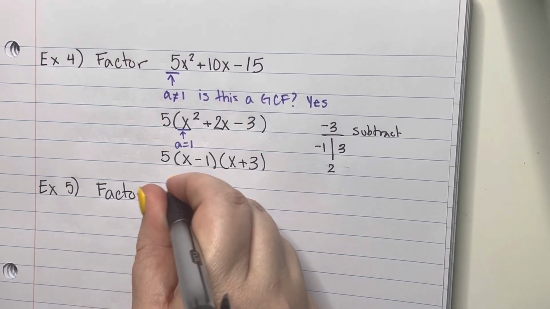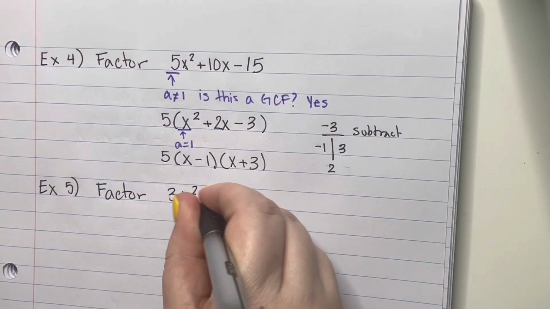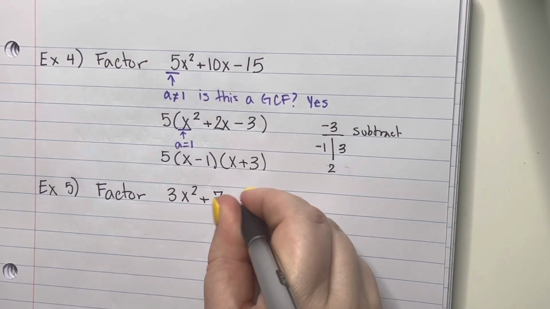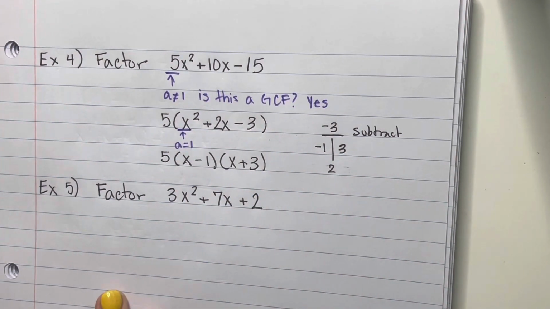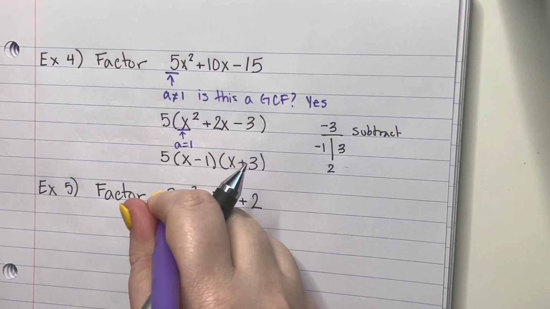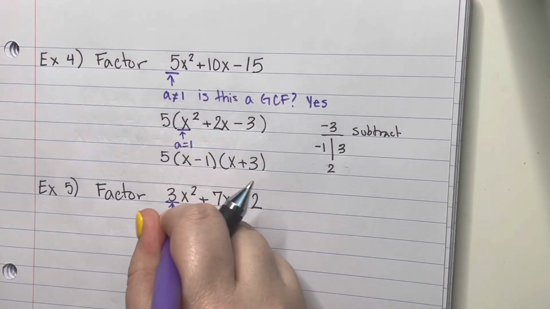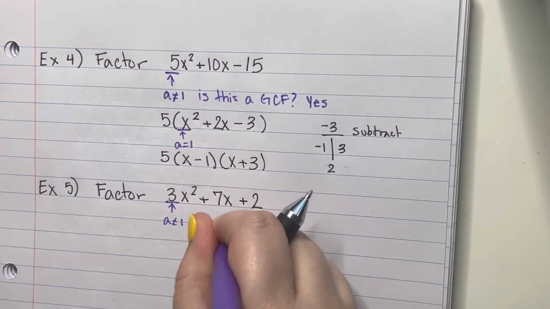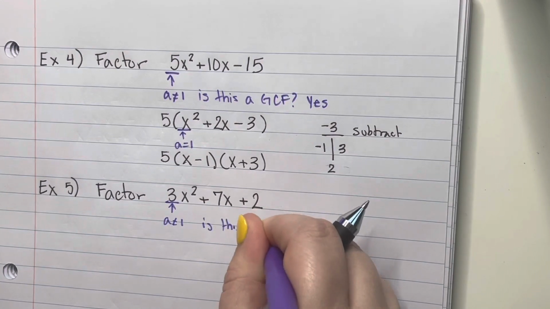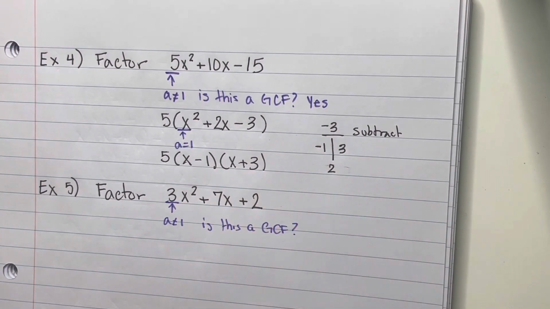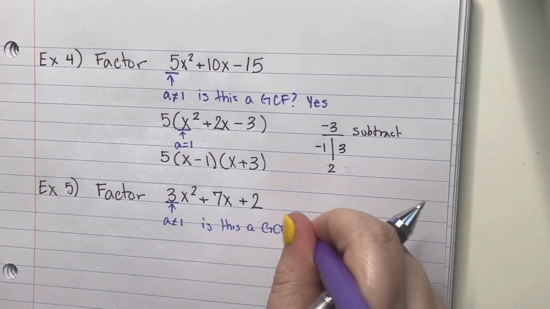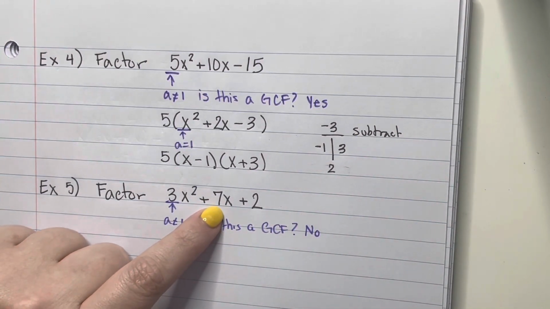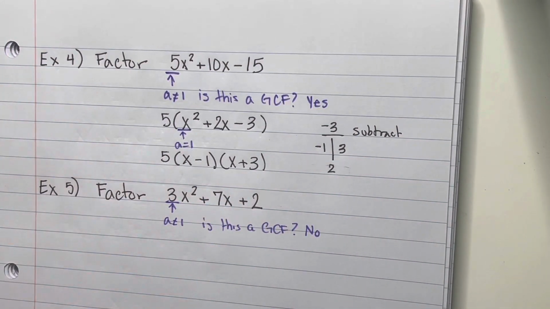So we're going to have 3x squared plus 7x plus 2. And right off the bat, is this a GCF? Unfortunately, the answer this time is no, because 7 is not divisible by 3 and 2 is not divisible by 3.